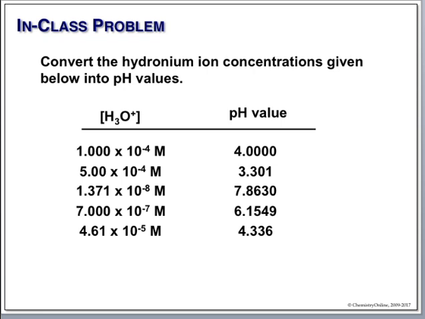Significant figures. I have deliberately not talked about significant figures because it's confusing. I will just tell you, when you have a logarithm, the digit in front refers to an exponent.